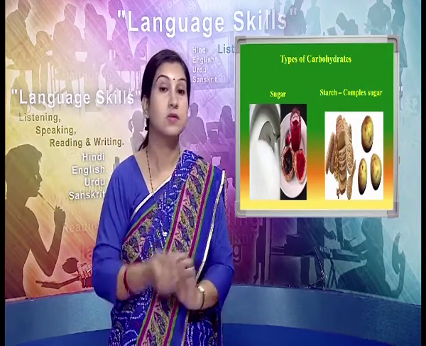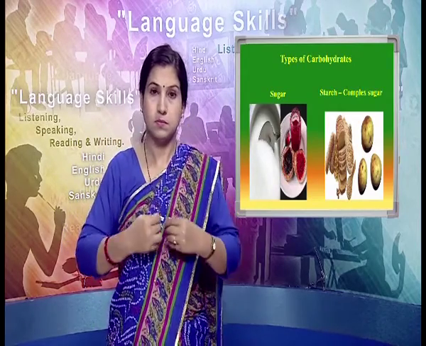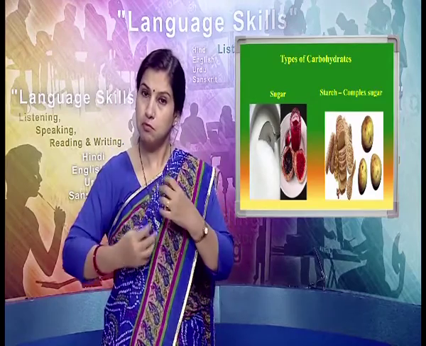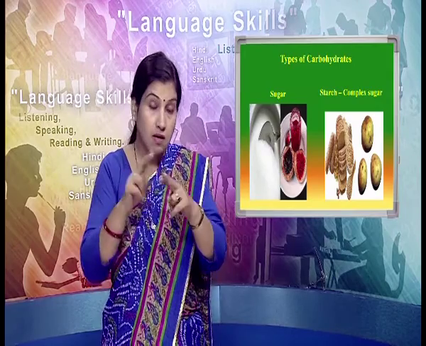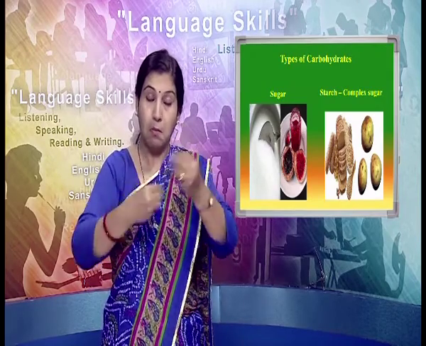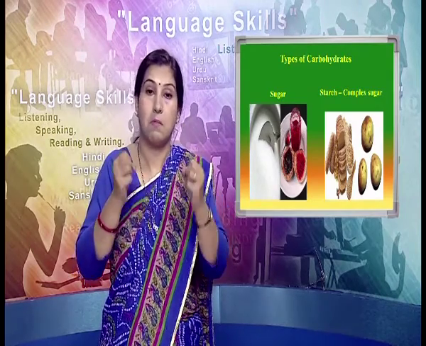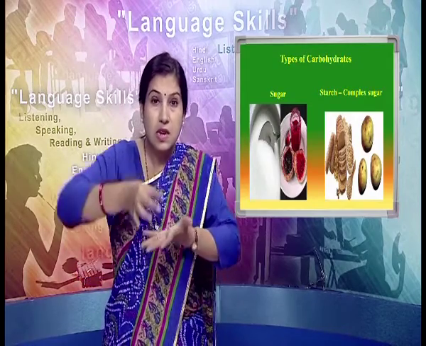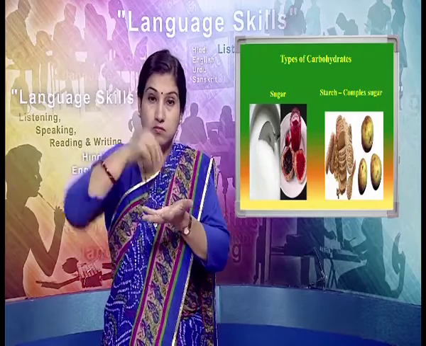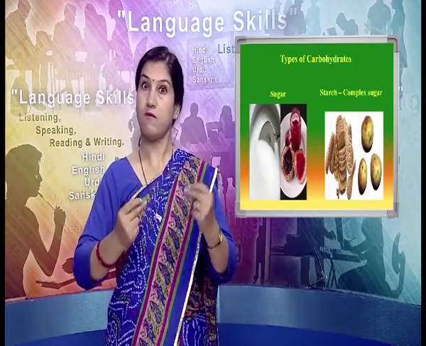Sugar is easily digested. It is a very quick source of energy, but in excess it is bad for health. You must have experienced drinking a cup of tea with a good amount of sugar in it. You get instant energy.